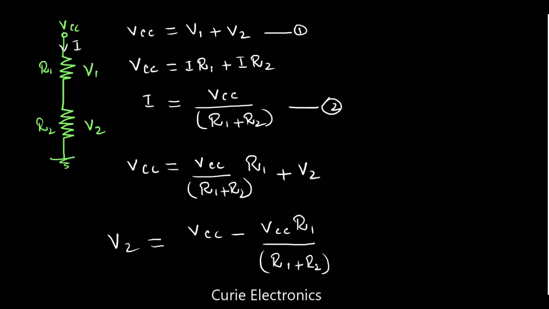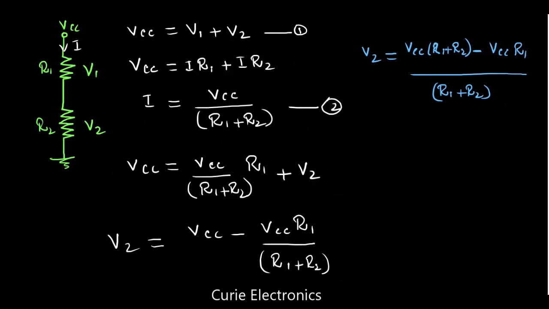So V2 equals, I'll write the LCM, that is R1 plus R2. Then we multiply the whole term by the LCM, that is VCC multiplied by R1 plus R2, minus VCC R1. R1 plus R2 gets cancelled there.